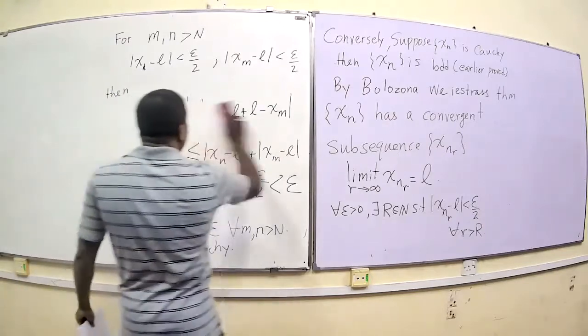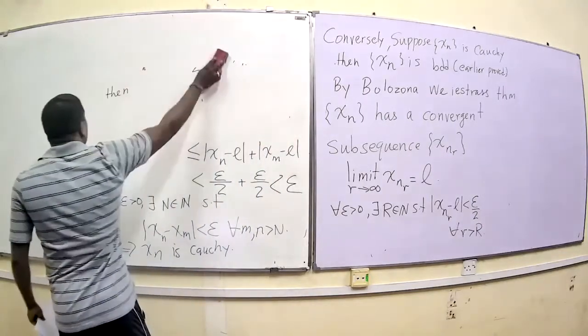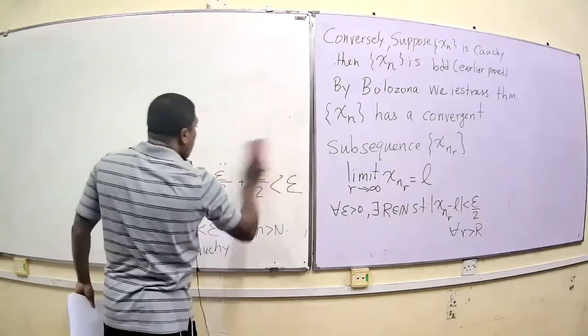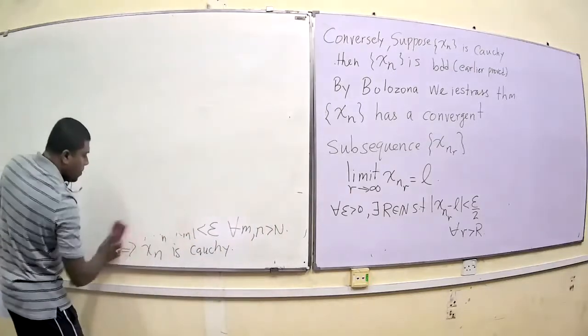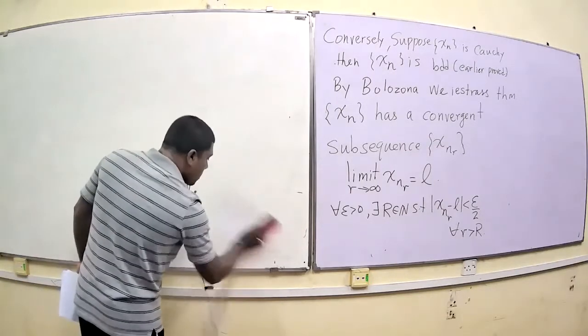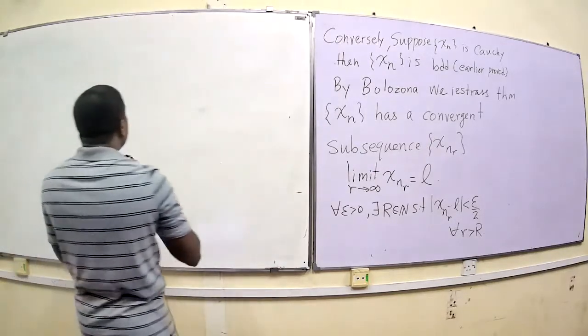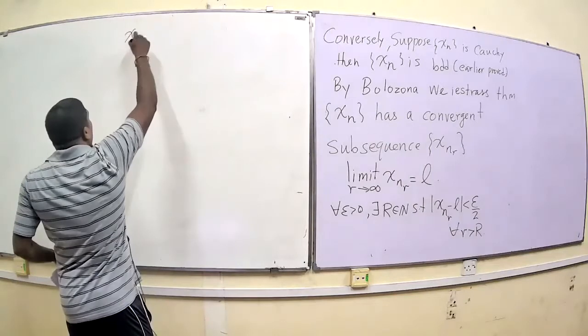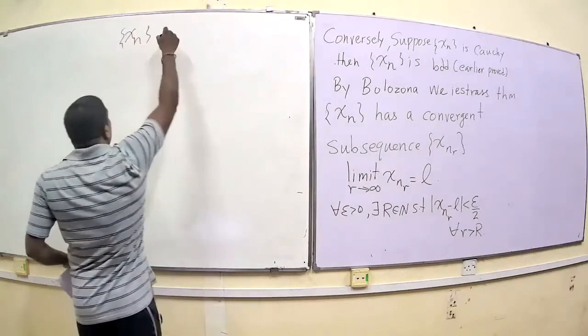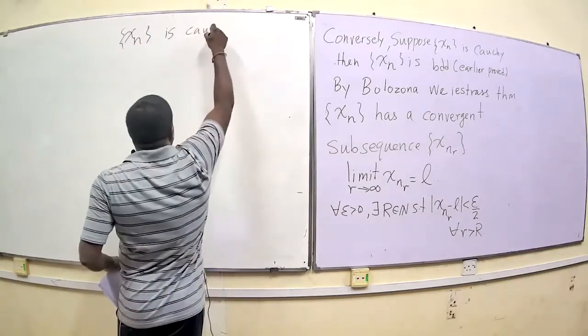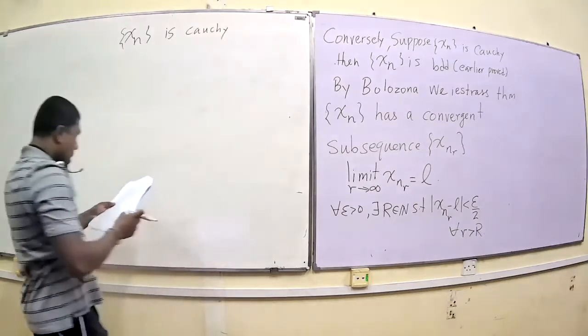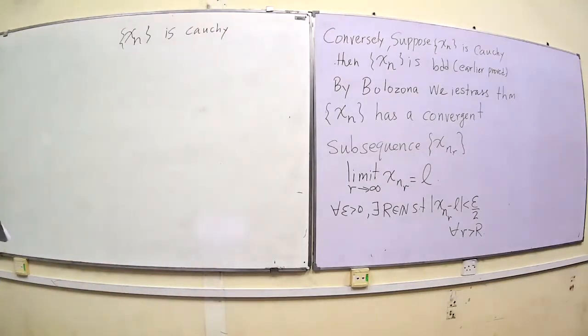At the same time, you have xn is Cauchy. So you can write the definition for Cauchy as well, right? Because it is assumed that xn is Cauchy.